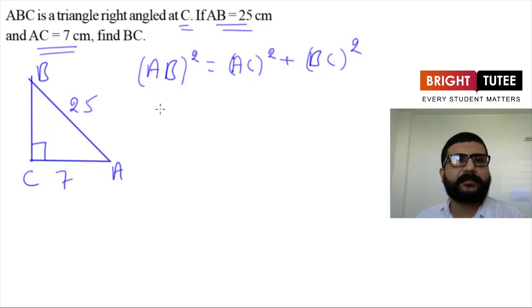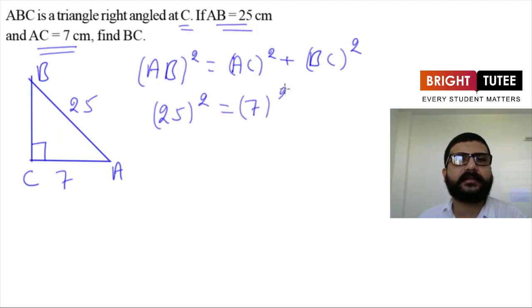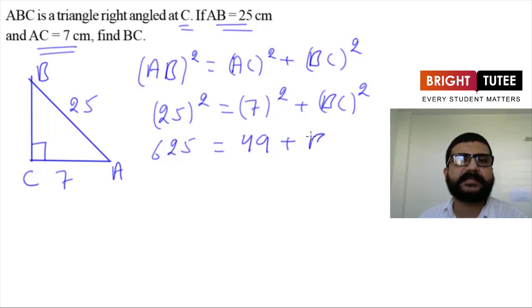Now what is the value of AB? It is 25. Let's put it here. We will get 25 square is equal to 7 square plus BC square. The value of BC we have to find. Now by simplifying we will get 625, which is the square of 25, is equal to 7 square, which will be 49, plus BC square.